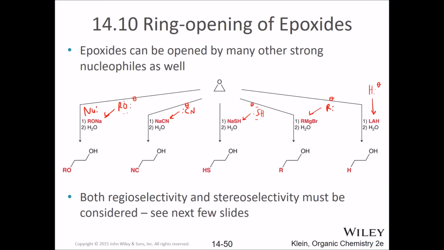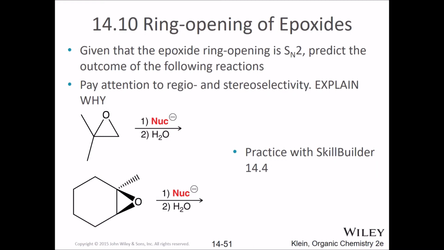Now, considering which carbon they go to, both regioselectivity and stereoselectivity must be considered. Let's look at that. We have a nucleophile that comes in, which I'm typically drawing as Nu. Is it going to come in here, or here?